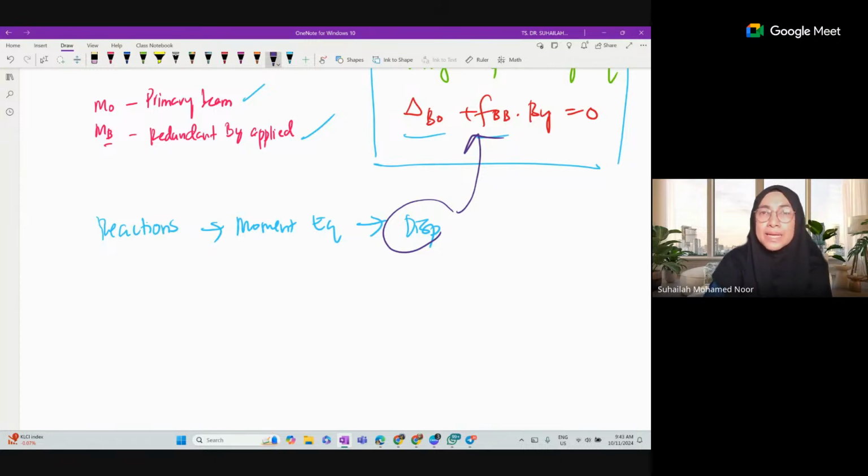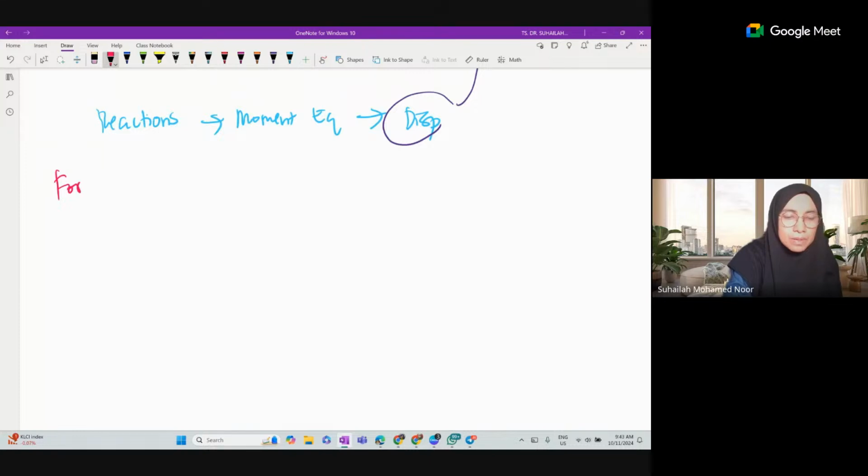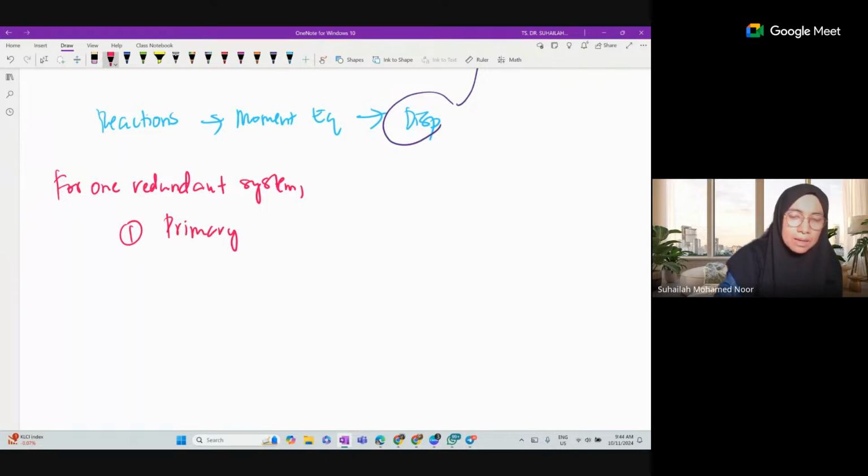So in summary, when we analyze for one redundant, we will have two systems. System number one is the primary system. System refers to the structure: beam, frame, truss, same.